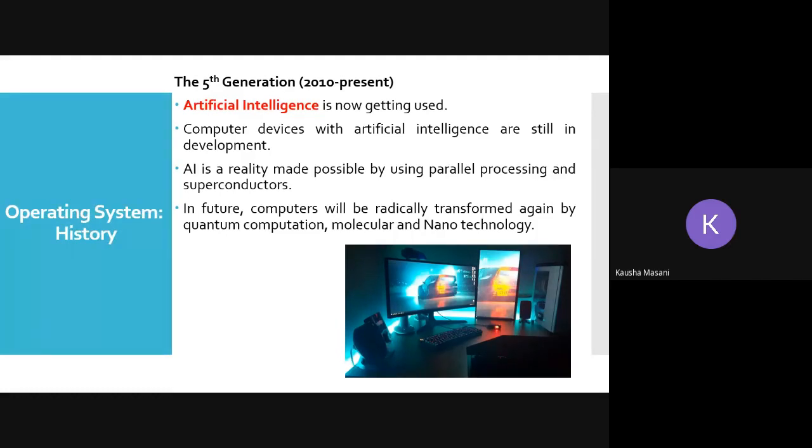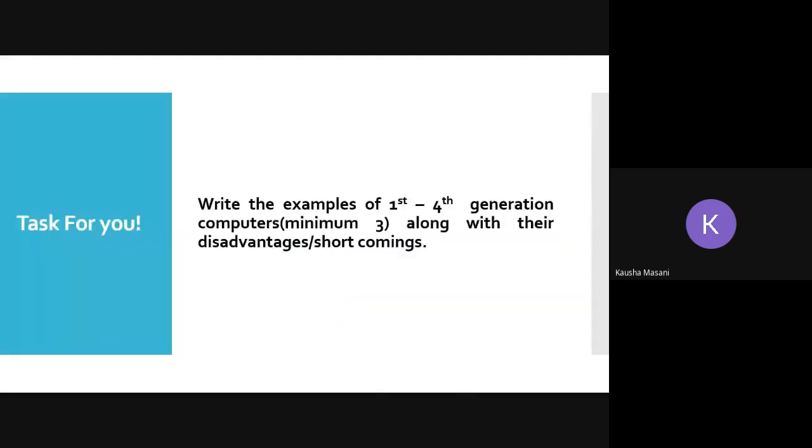So there is one task for you. What is the task? You have to write examples of first generation to fourth generation computer systems. I need minimum 3 names. I just want names, nothing else.